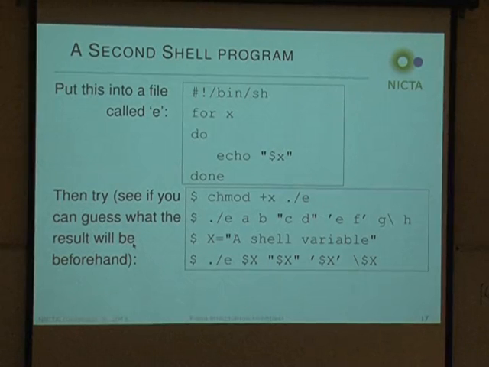Right, what about these ones? If you set x equal to a shell variable, with some spaces in it, and then run this, what's going to happen? Try it and see. Yeah. So in this case, you get a shell variable.